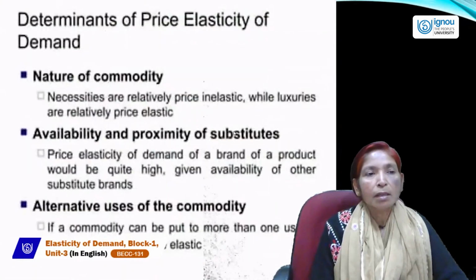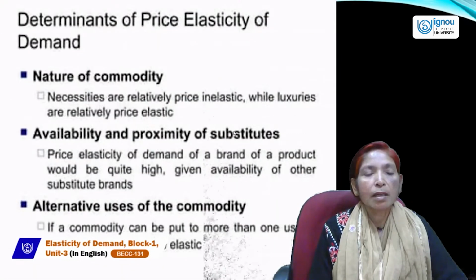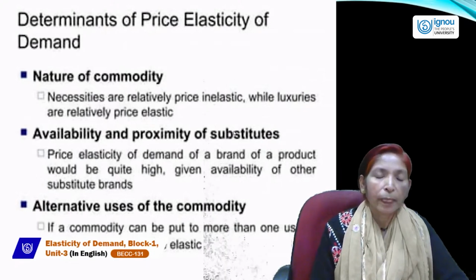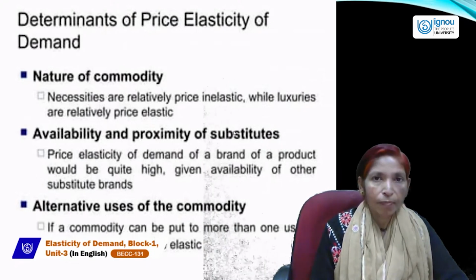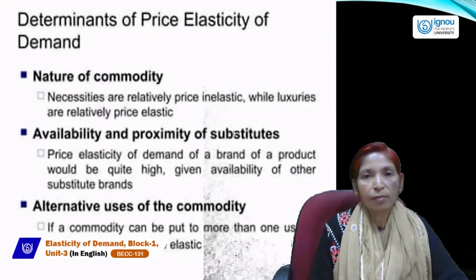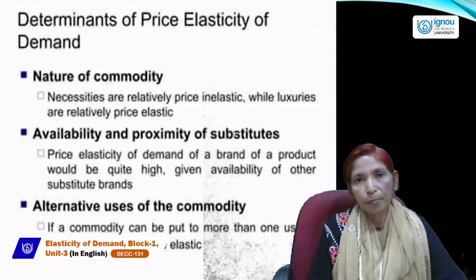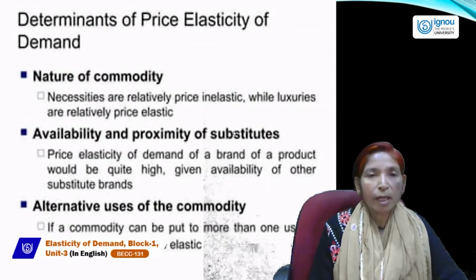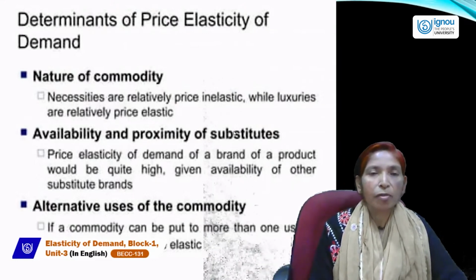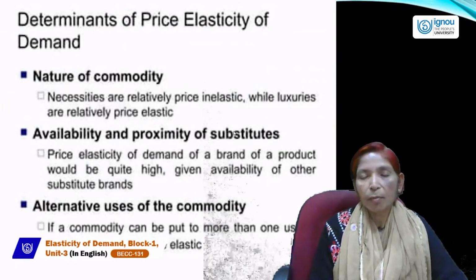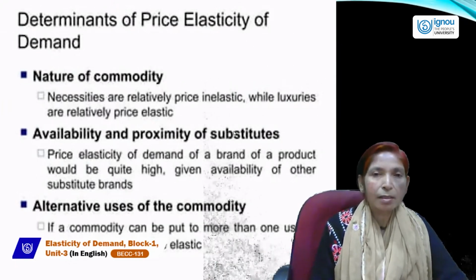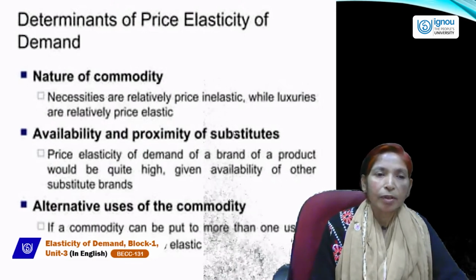Now next is determinants of price elasticity of demand. What are the main determinants, or the factors affecting elasticity of demand? In this case, we will explain all those factors which can influence elasticity of demand. First point is nature of the commodity.